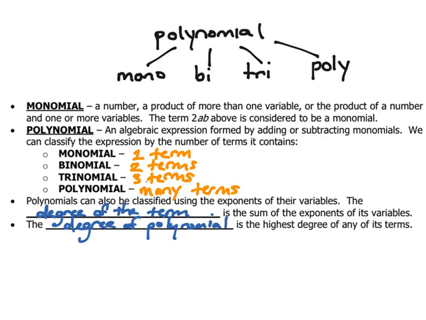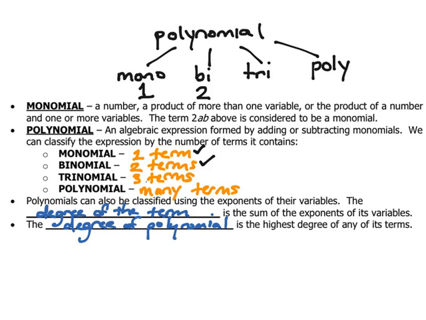Mono means one. So if you have a polynomial but it only has one term, it's called a monomial. Bi, like in bicycle, two wheels, right? It means two. So if you have a polynomial that has two terms, it's going to be called a binomial.